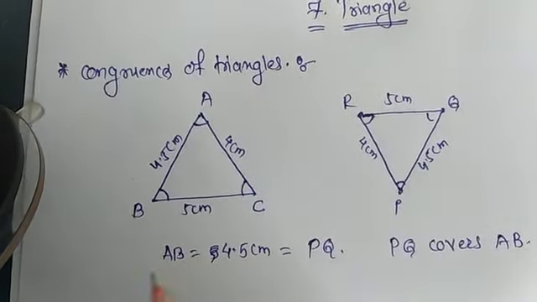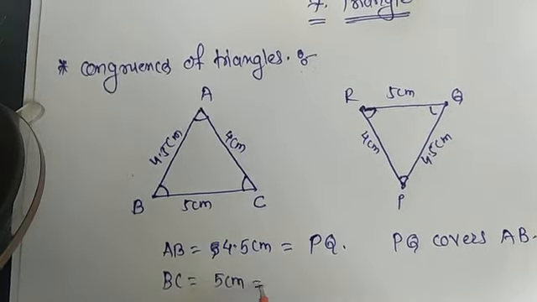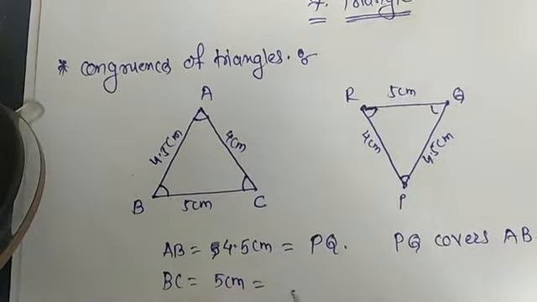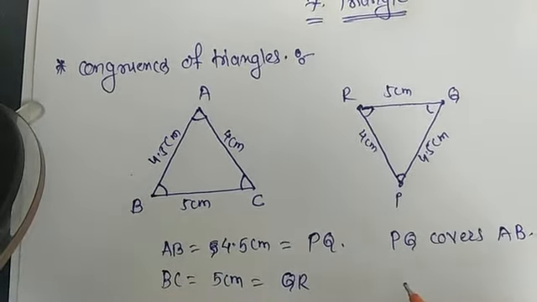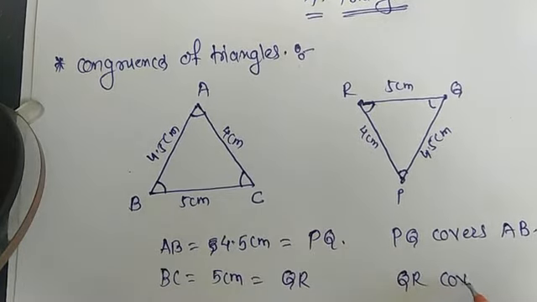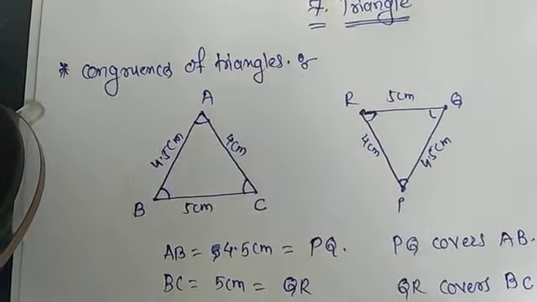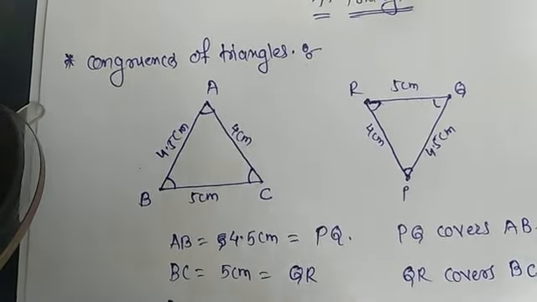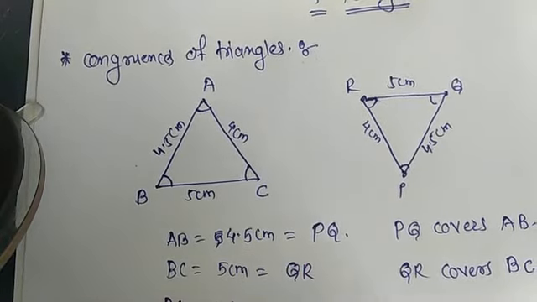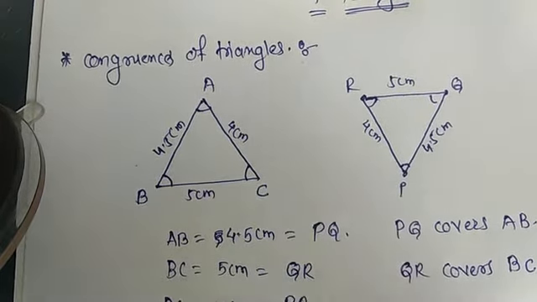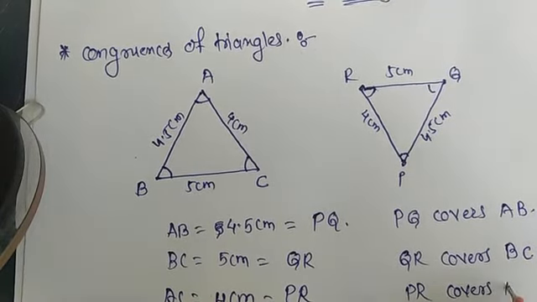Next, BC is equal to 5 centimeter, and QR is 5 centimeter. That means QR covers BC. And last, AC is equal to 4 centimeter, which is equal to PR. That means PR covers AC.